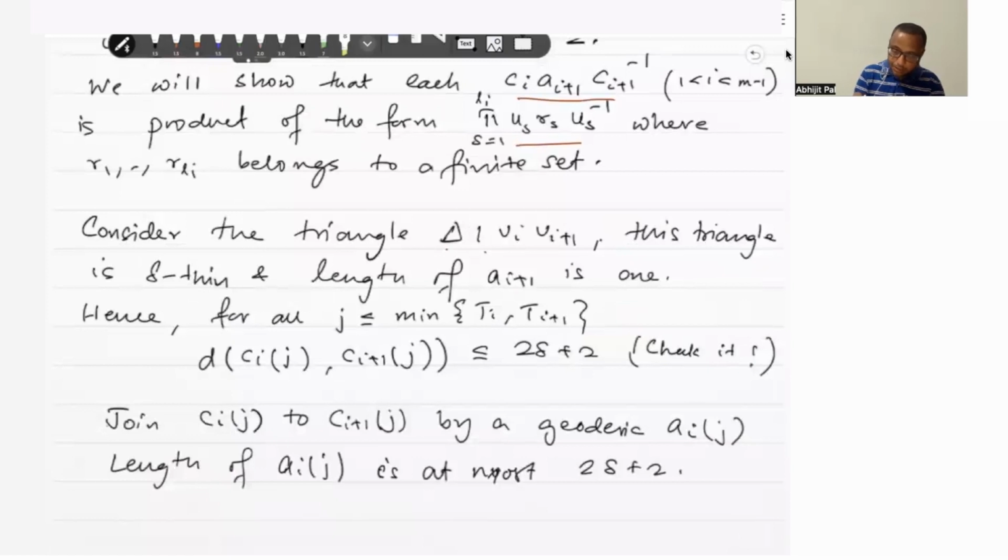And Ti, what is Ti? Ti is the length of the geodesic Ci, and Ti plus 1 is the length of the geodesic Ci plus 1. Now one can prove that for j less than or equal to the minimum of Ti and Ti plus 1, the distance between Cij and Ci plus 1 j is less than or equal to 2 delta plus 2. This will follow from this observation.